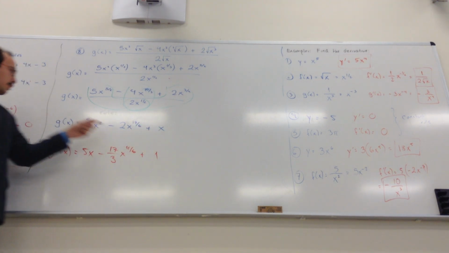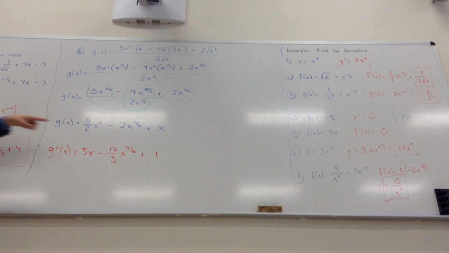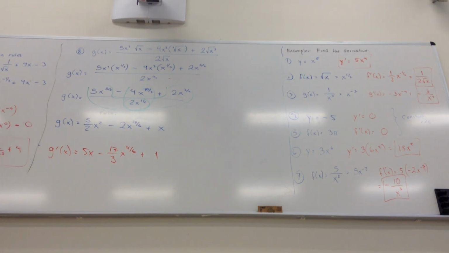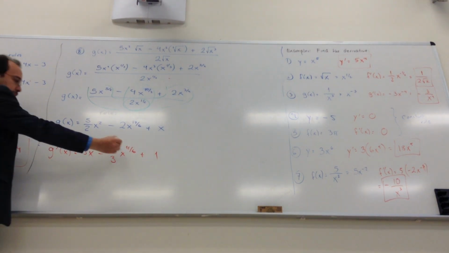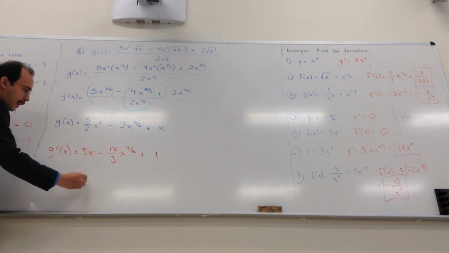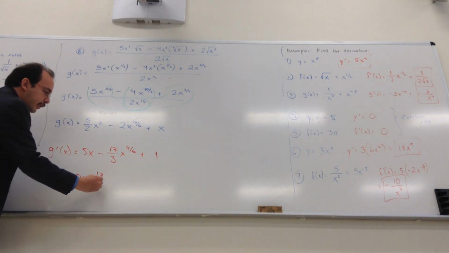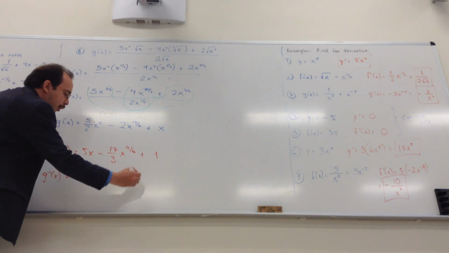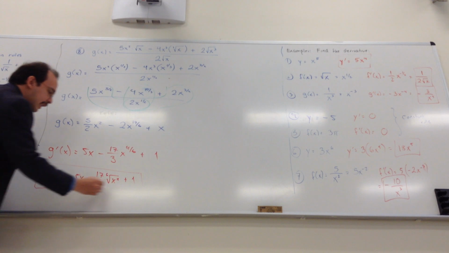Plus x, the derivative that we did, is always 1. So 1. And then at the end, we need to just change this one. 5x minus 17 thirds, 6 root x to the 11 plus 1. That's the derivative.